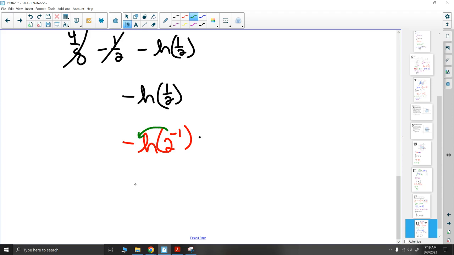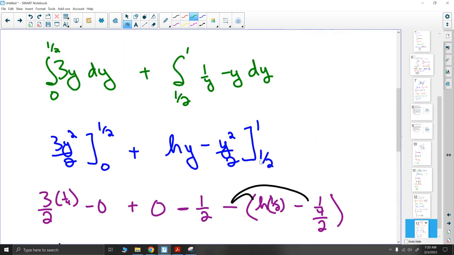In fact, that's usually how we use our logs, solving exponentials to get x out of the exponent. So this negative and this negative make a positive natural log of 2, which is the same value as we got on our previous one.